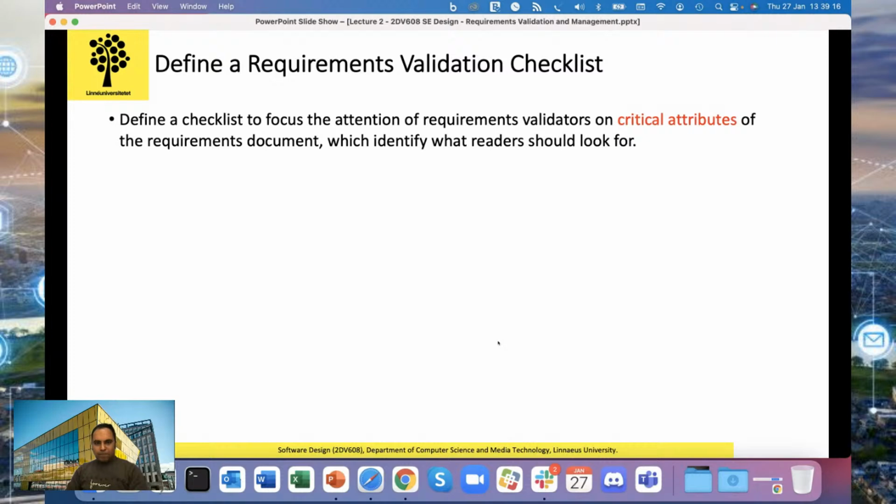And this requirements validation can also be done through a validation checklist. If you remember, we had a requirements analysis checklist, and now we also have a requirements validation checklist. This can be applied in the same way that a requirements analysis checklist can be applied.